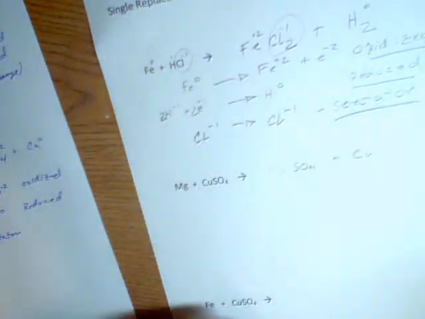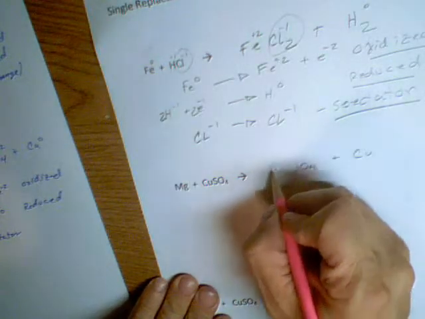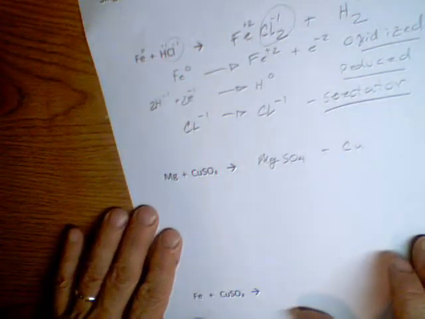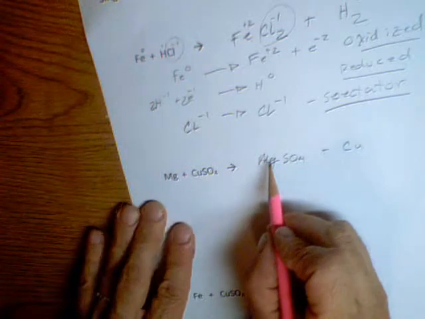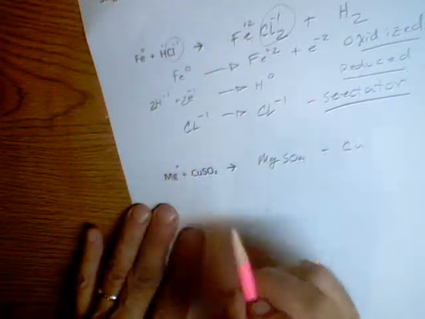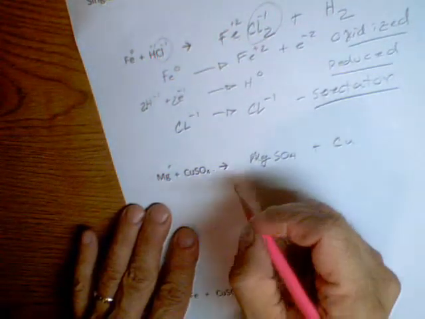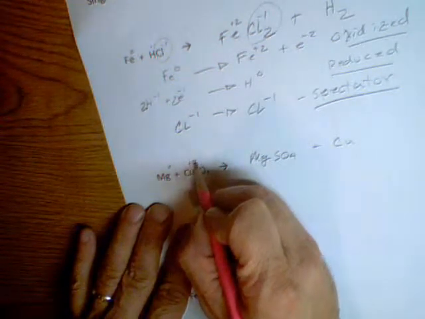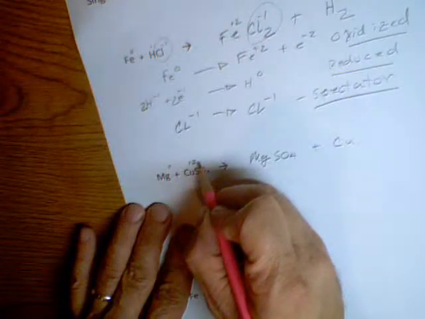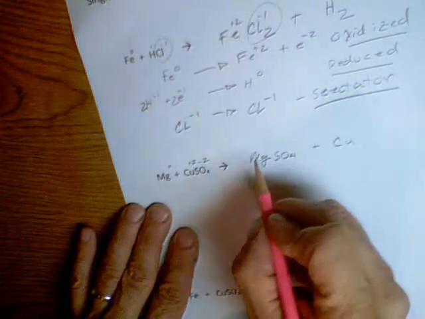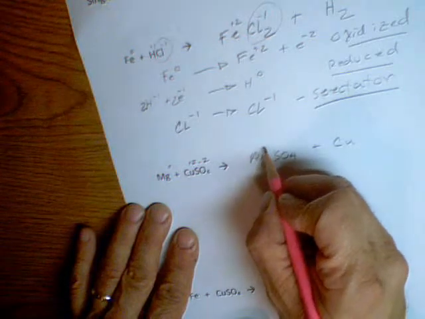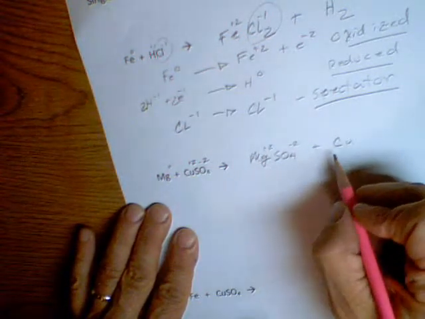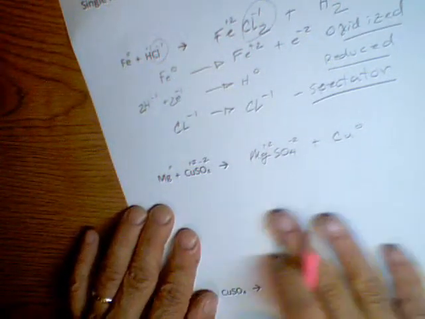I apologize, I'm looking at another problem. All right. Magnesium, as it's by itself, has an oxidation number of just 0. Copper is going to be +2, and then the sulfate is -2. After the reaction, magnesium is +2, sulfate is -2, as we just said, and copper is going to have an oxidation number of 0.